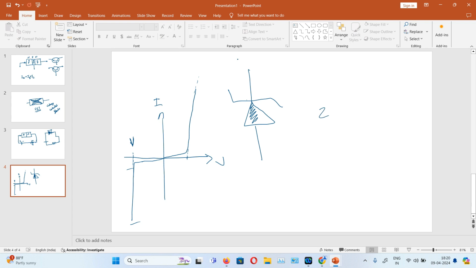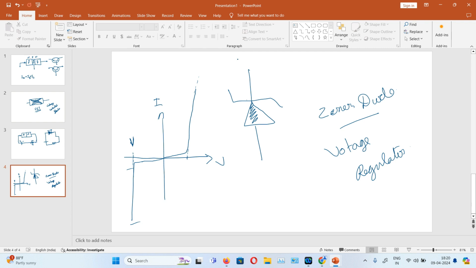So a Zener diode can be used as a voltage regulator in the breakdown region.